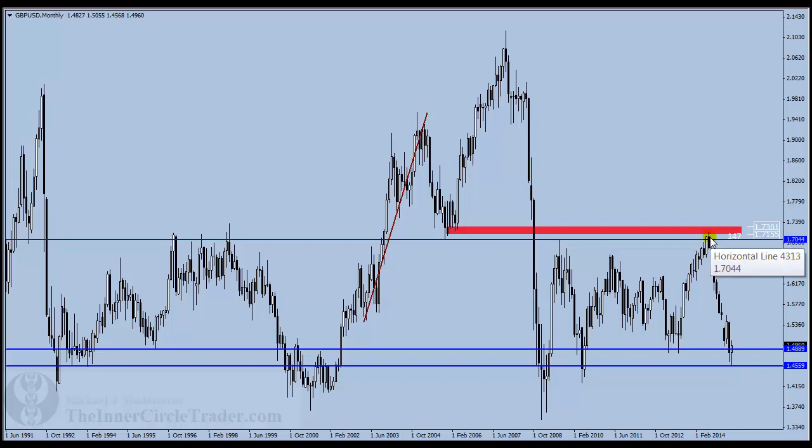That's a big disparity between 170.46 and 171.92. That's a significant difference in terms of overall risk exposure and the pips necessary for your stop.